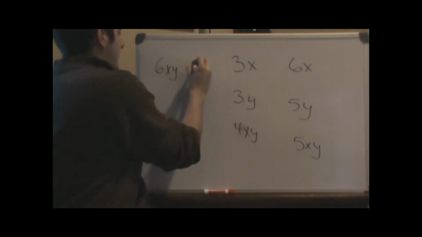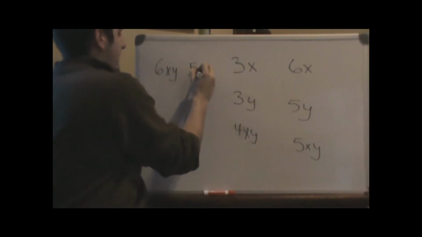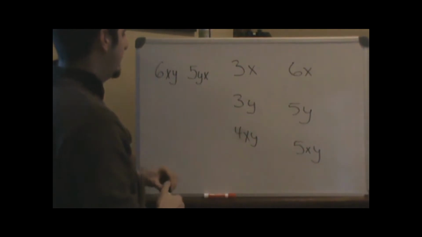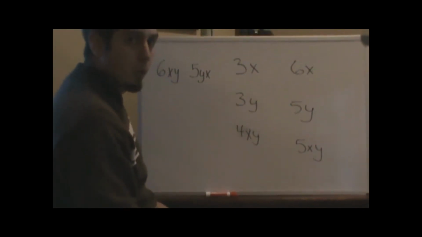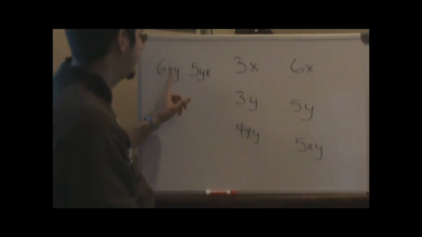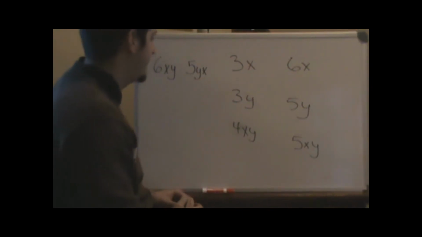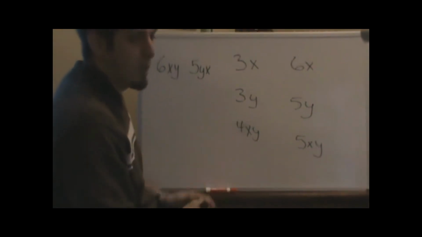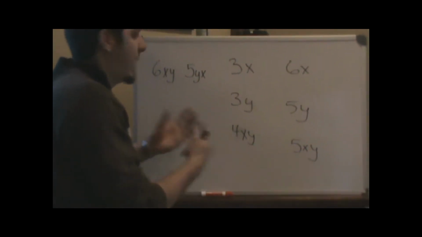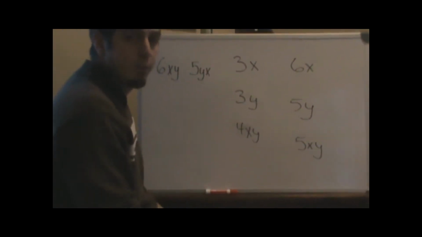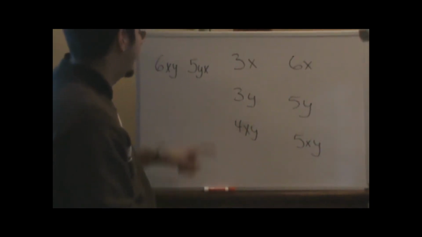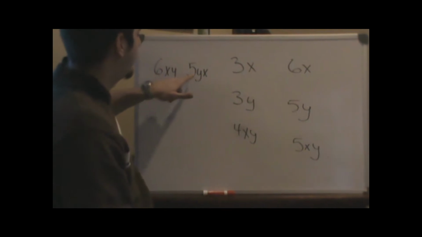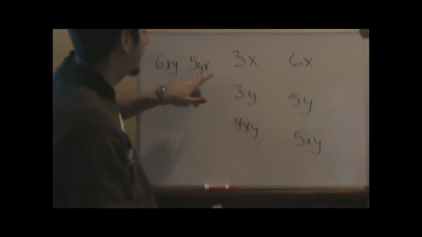6xy and 5yx can also be added. The variables may not be in the same order, but they have the same two variables, so they can be added. And your answer will be 11xy, or it could be 11yx. It doesn't make a difference. The reason for that is because 5yx means 5 times y times x.